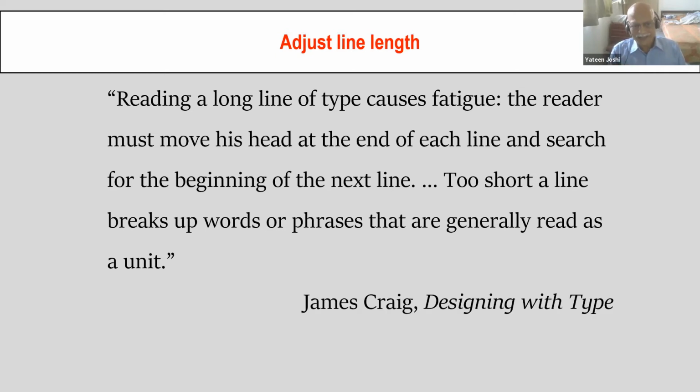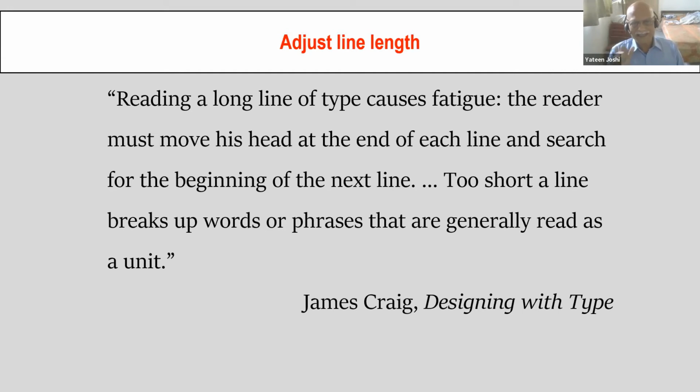Whereas short lines are difficult to read, because every time we change the line, the lens of the eye refocuses. So if there are too many short lines, there's a constant focusing and refocusing, and that gets tiring in the end. It's not like we are reading a newspaper, which we don't read like we read a novel.